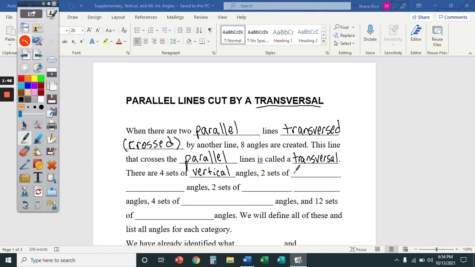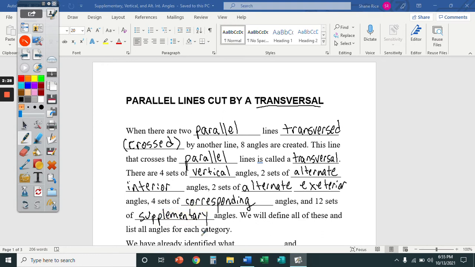There are 2 sets of alternate interior angles. There are 2 sets of alternate exterior angles, 4 sets of corresponding angles, and then there are 12 sets of supplementary angles.